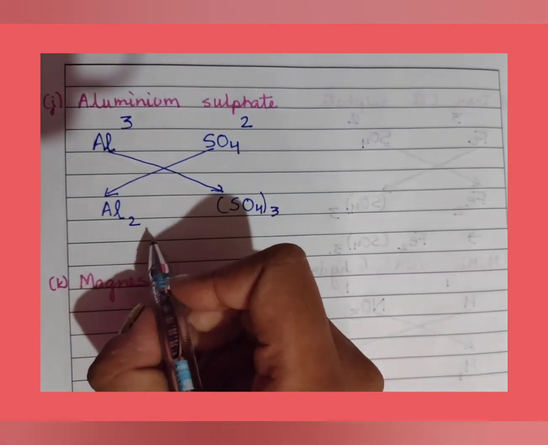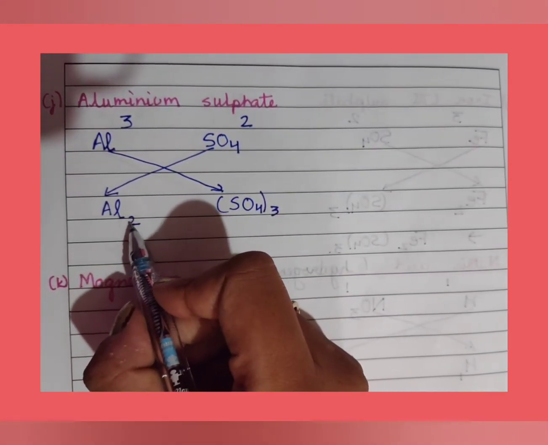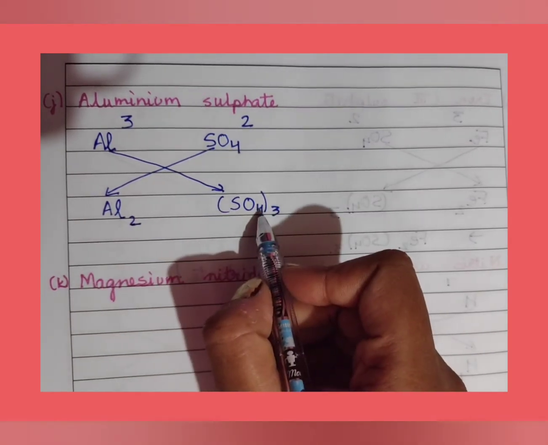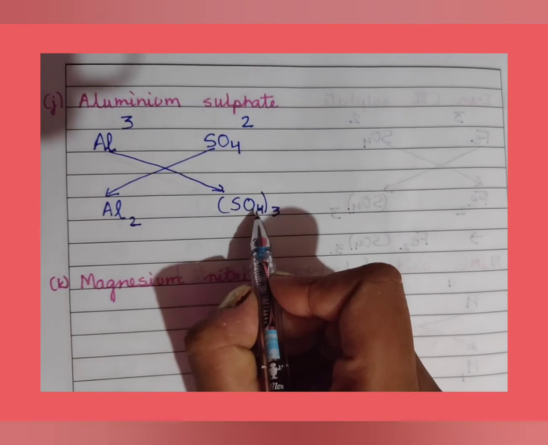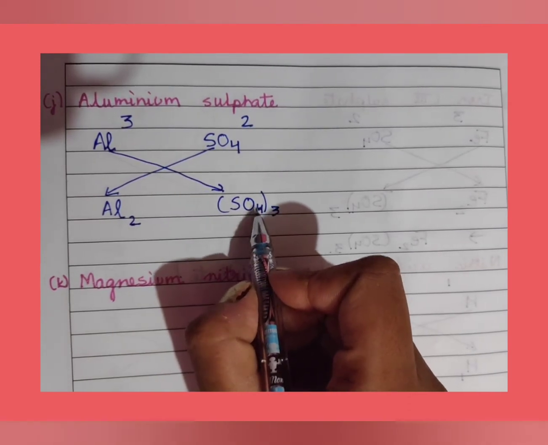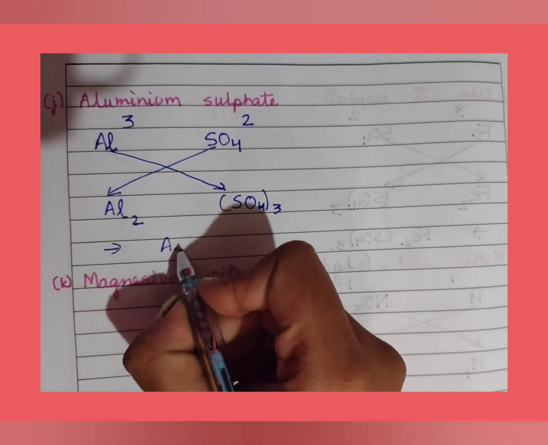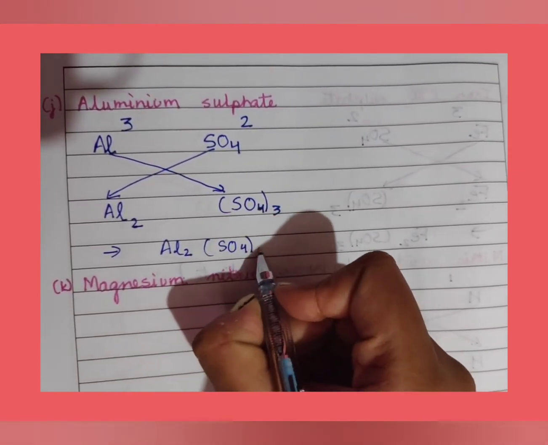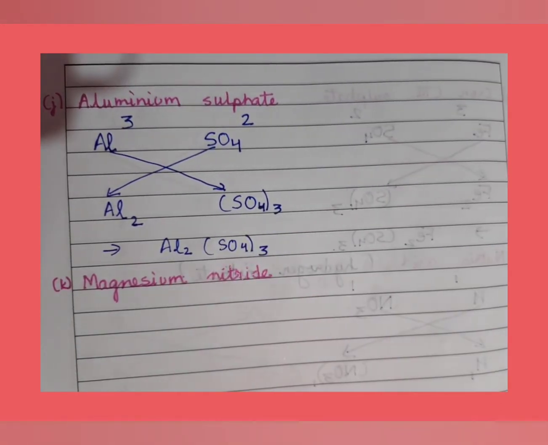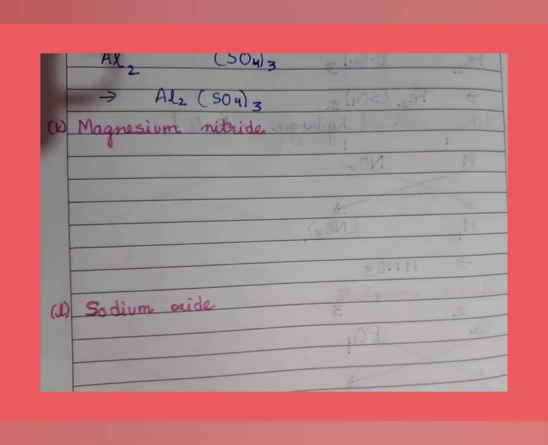Here also, don't make that mistake. We cannot take the common factor of this 2 and SO4 from here, because it is a polyatomic ion which acts as a single unit. So the formula is Al2(SO4)3.